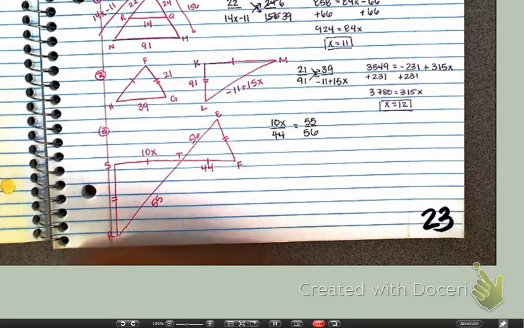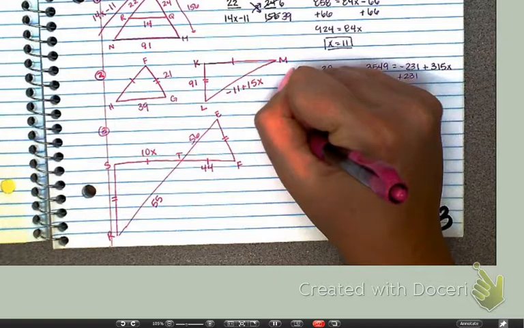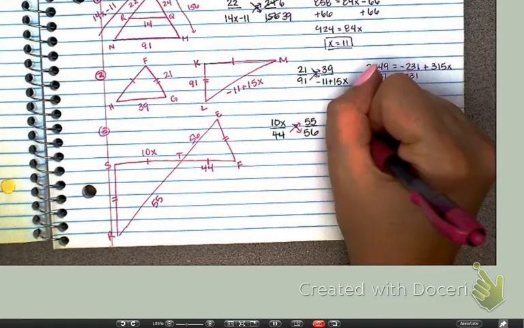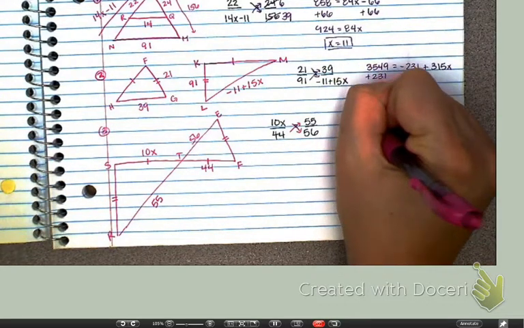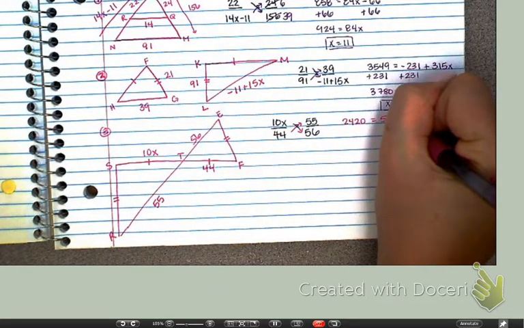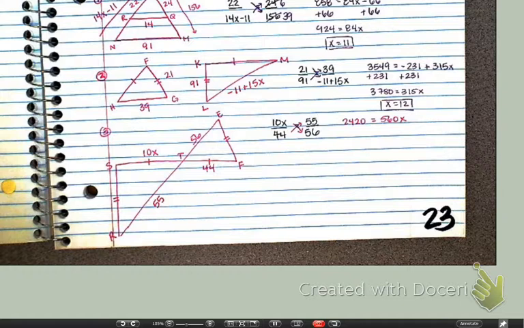All right, let's solve that. So 44 times 55 is 2420 equals 560x. What happens?